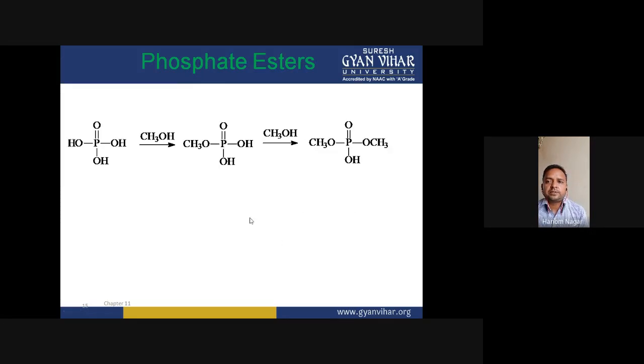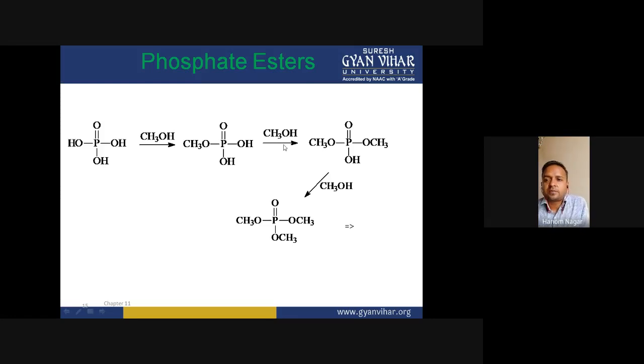The final is phosphate ester. So this is phosphoric acid, H3PO4, when reacted with alcohol, CH3OH. Then there is removal of a water molecule, OH from this and hydrogen from this, and attachment of the methoxide at the phosphorus center produces the phosphate ester.